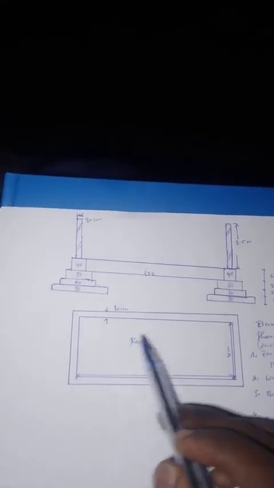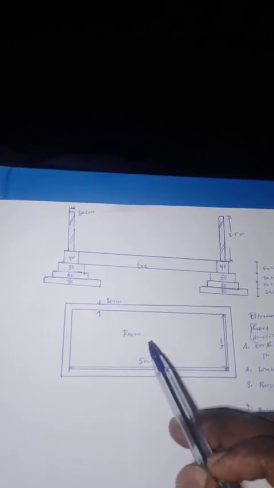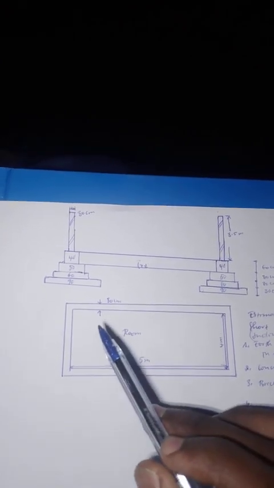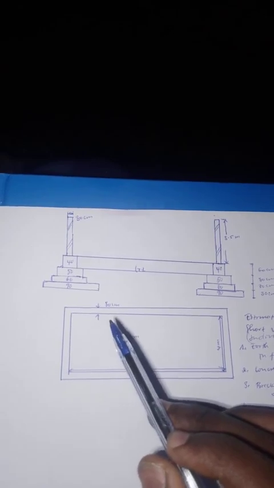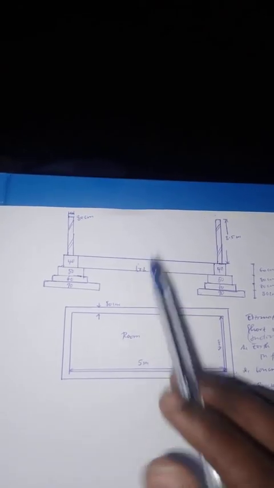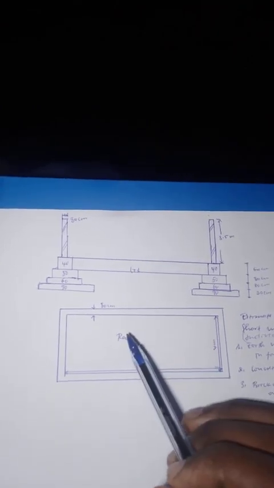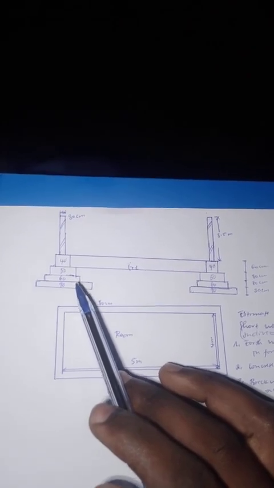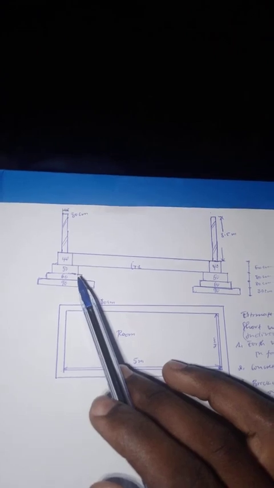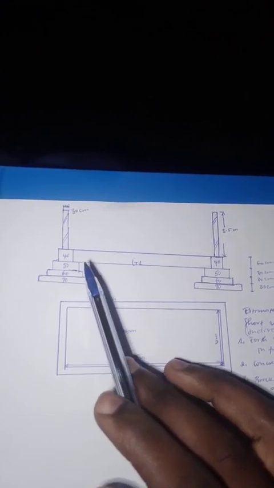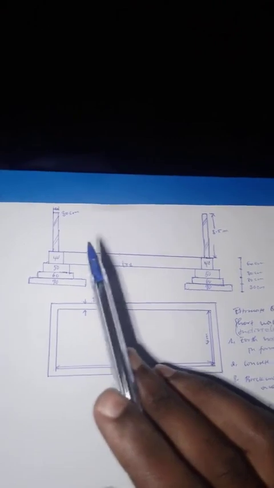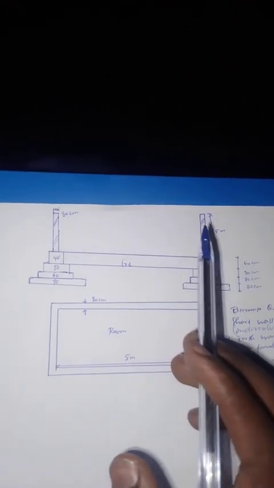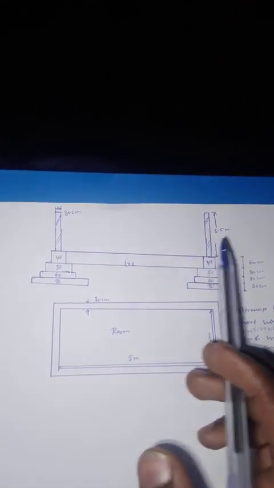Here we have a room of 4 by 5 meter and the wall thickness is 30 centimeter, and you have the cross section of that building. For binding concrete we have 90 centimeter, first class steps of 60 centimeter, 50 centimeter and 40 centimeter, and wall thickness of 30 centimeter with a height of 3.5 meter.